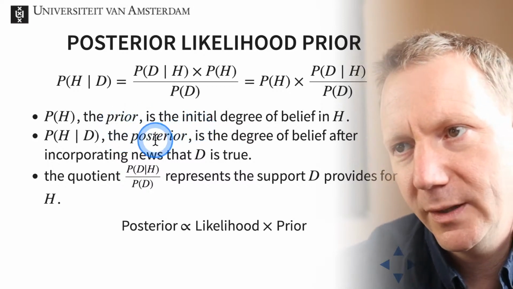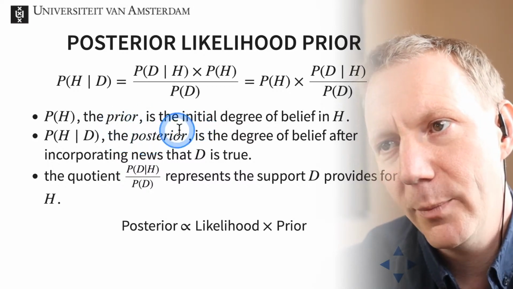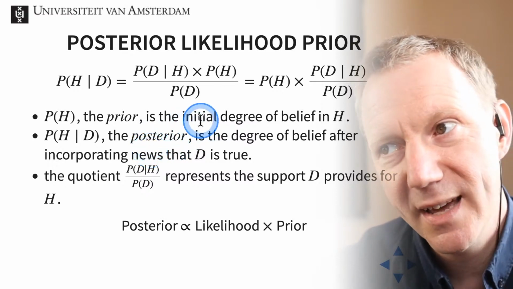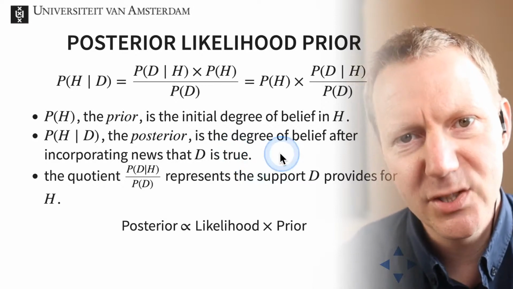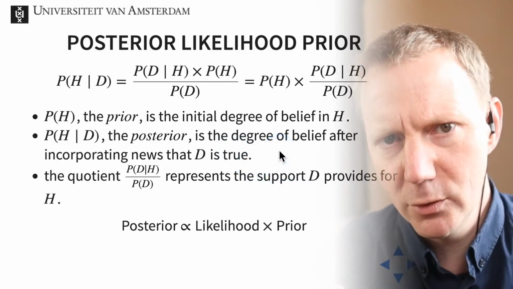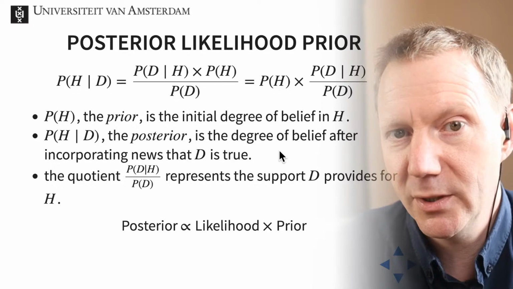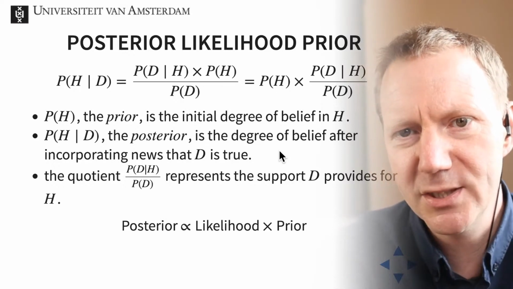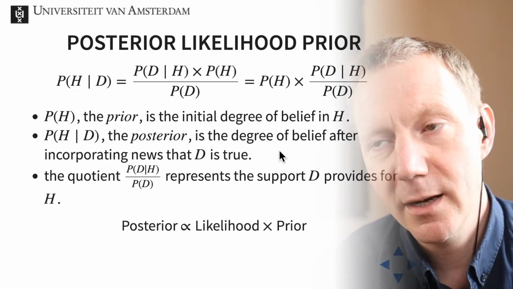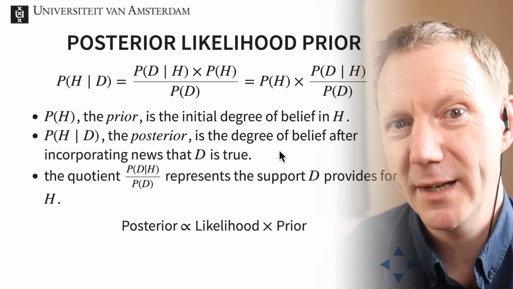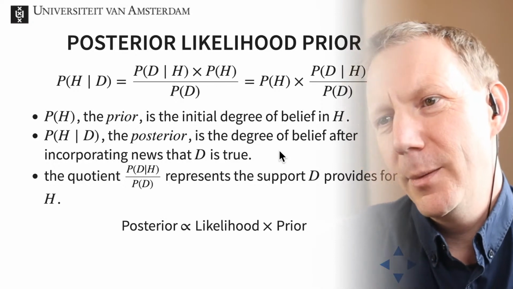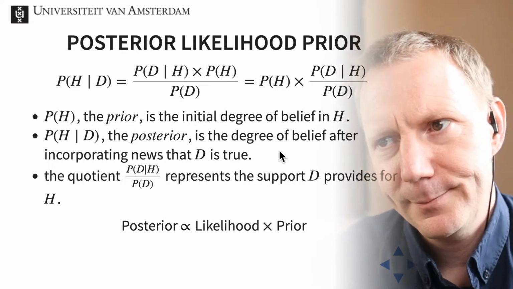It's the degree of belief in your hypothesis after you've incorporated the news that the data is true. And the data is true is relative, right? Because the data is just a sample, and you assume this to be true instead of knowing for sure that it's true, because it's still probabilistic. But you assume that.